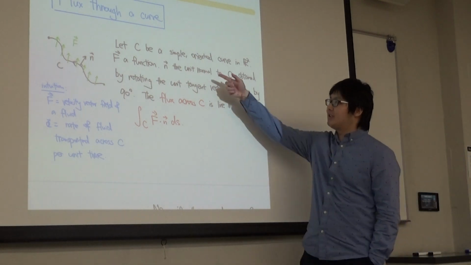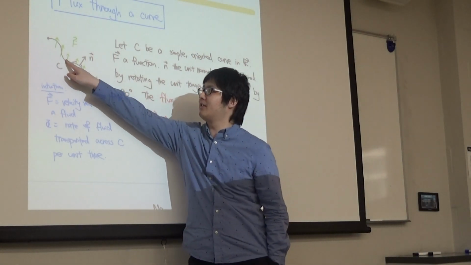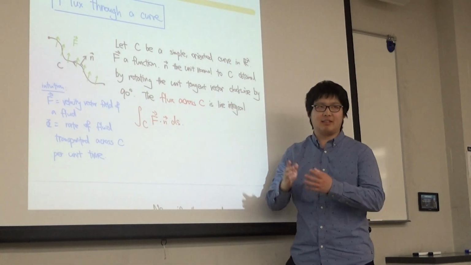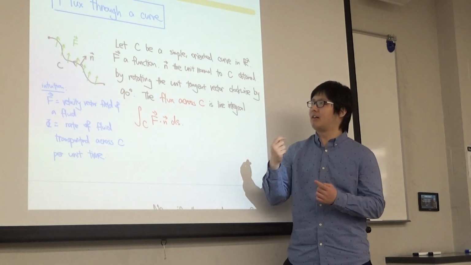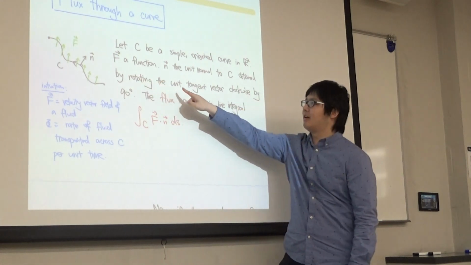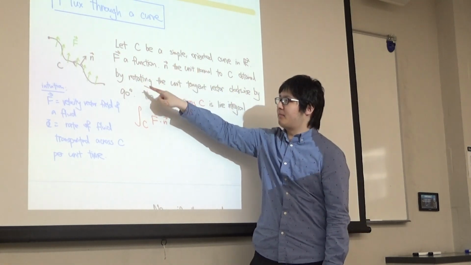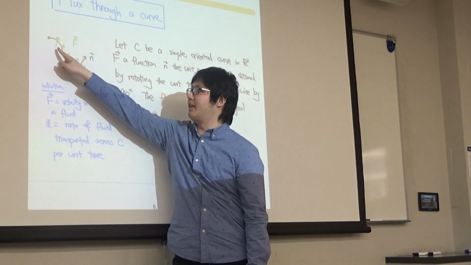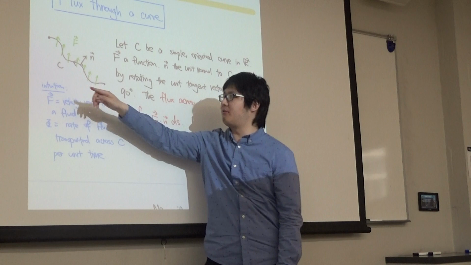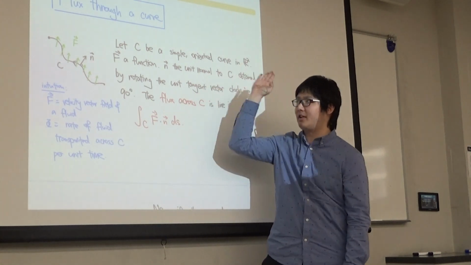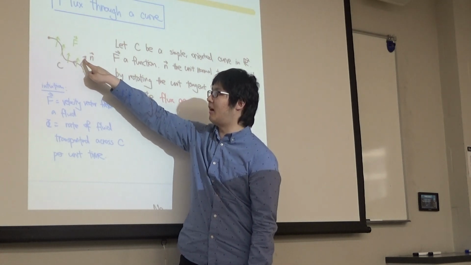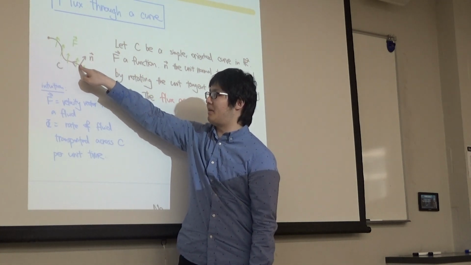So suppose we have a curve C, and it's oriented in some way, and it's simple, meaning that it's not intersecting itself. We're also given a function f. Given this curve C, it has some tangent unit vector at every point of C, and then we can just rotate it 90 degrees to obtain the unit normal at that point of this curve.